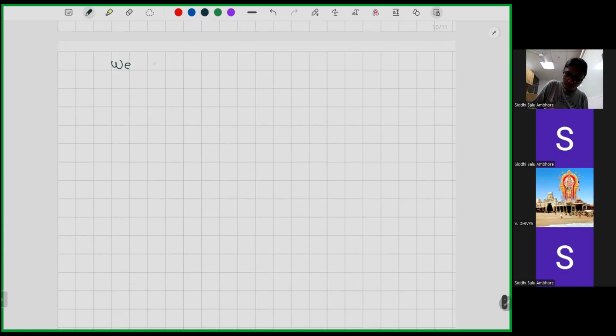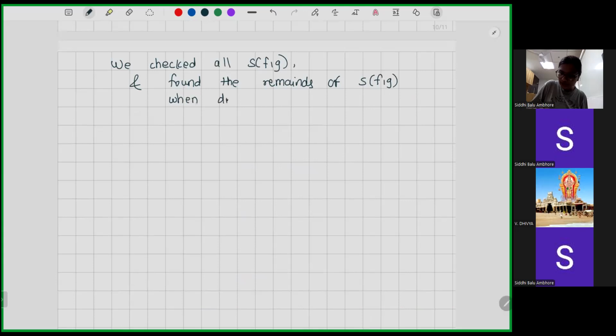So we checked all the S pairs, right? We checked all the f, g and found the remainders of S(f,g) when divided by G, or G dash, as per the conditions.